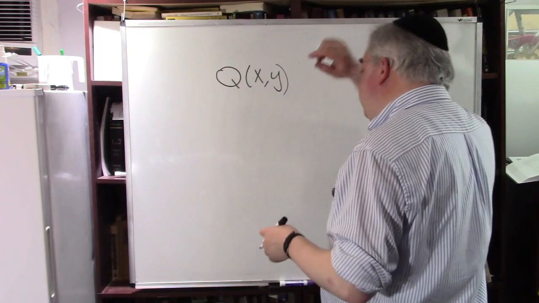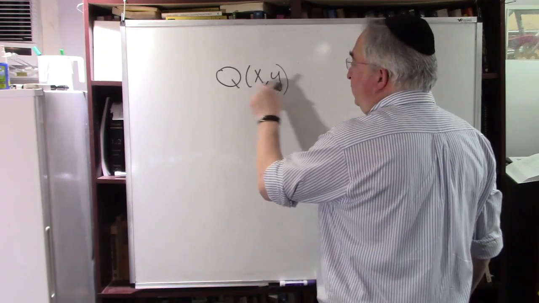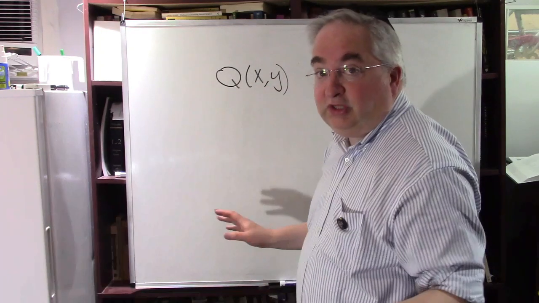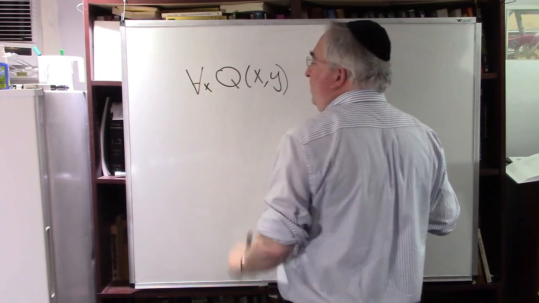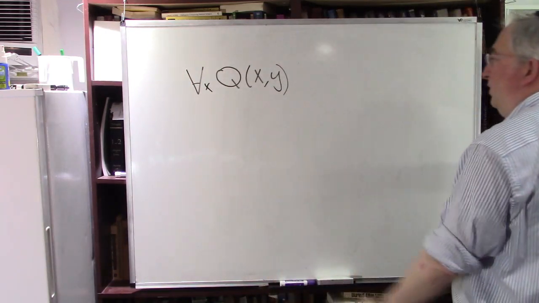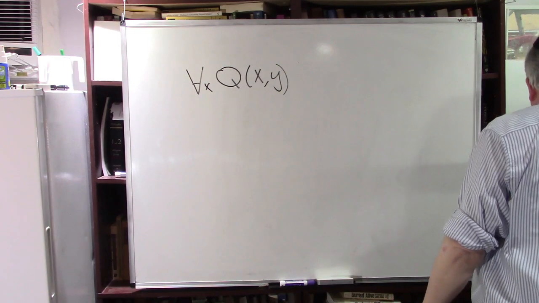If predicates talk about many things, you could talk about all of the many things, or you could talk about some of the many things, or you could talk about exist. So if Q of x y is a predicate with two variables, I'm not saying what Q stands for, but what we can do is as follows. For all x, Q of x y.